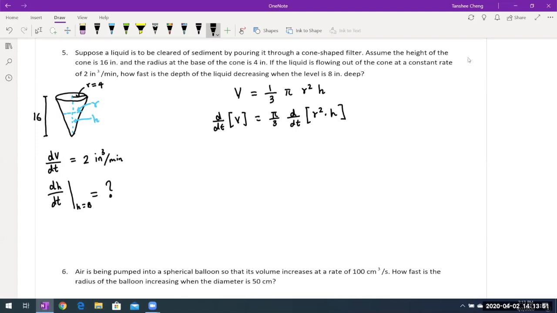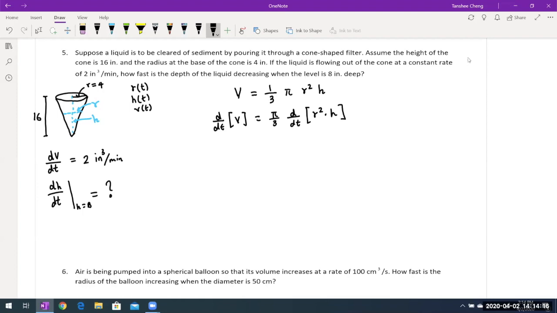If I do this, you need to use the product rule. And remember that r is a function of time, h is a function of time, and the volume is a function of time. This is how we are looking at it, right? The change in the volume.